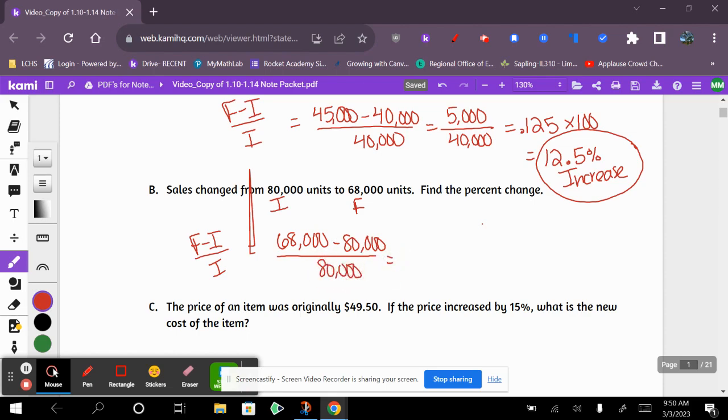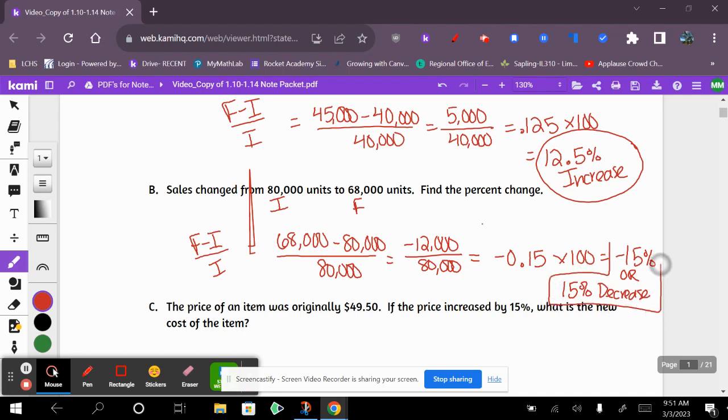It is okay to get a negative on the top. So for the top, we get negative 12,000 over 80,000. So this gives us negative 0.15. Don't forget, we multiply by 100. So this gives us negative 15%, or it's better to even say 15% decrease, and that's because it is a negative.